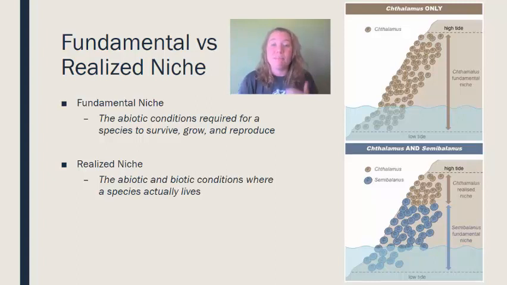So if you look on the bottom image, you can see the blue barnacle is able to compete with the brown barnacle, and the blue barnacle is just a little bit better at surviving and reproducing than the brown barnacle is in that low tide area. So you only find that brown barnacle in the upper high tide range, and the blue barnacle is found in its entire fundamental niche on the lower part of the tide range.